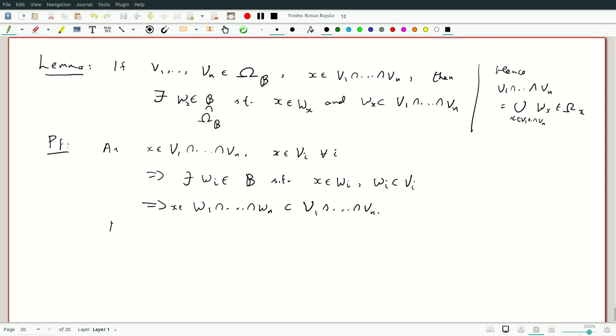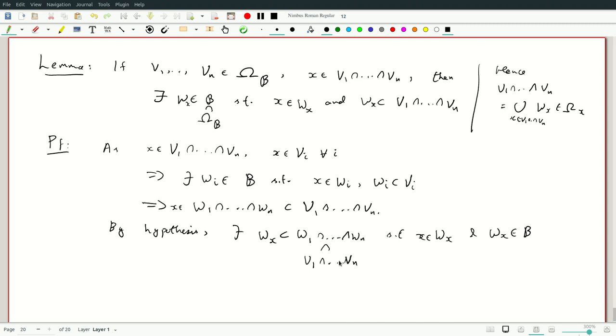Now by hypothesis, there exists Wx, basic, such that x is in Wx and Wx is contained in W1 intersection Wn, which is contained in V1 intersection Vn, as required.